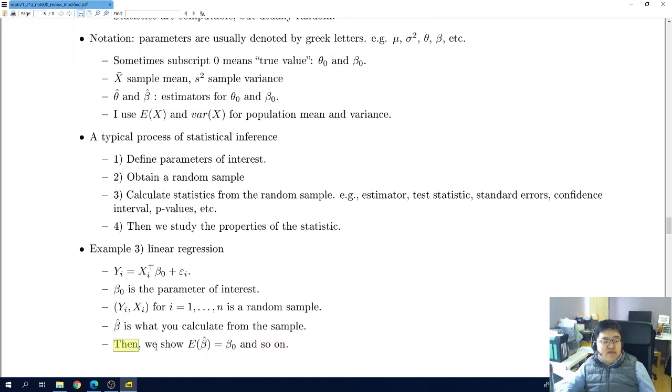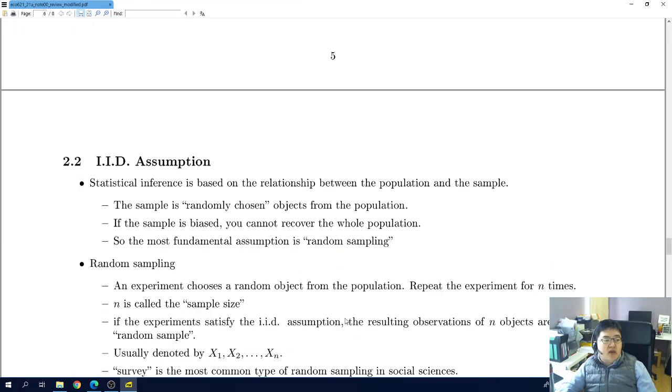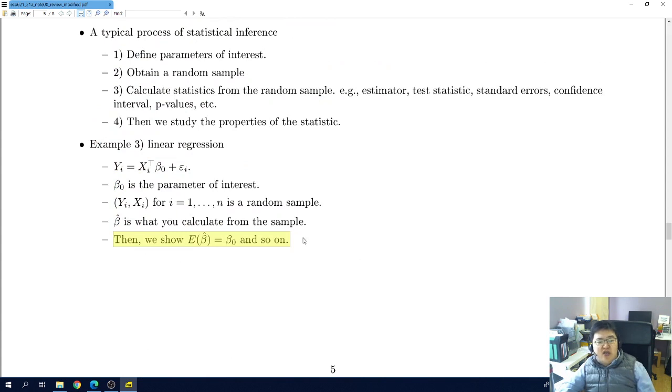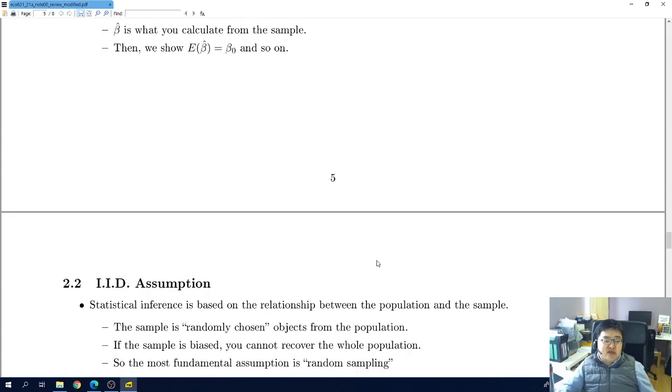So those kinds of evaluations of your estimator are the last step. So this is how we conduct statistical inference.